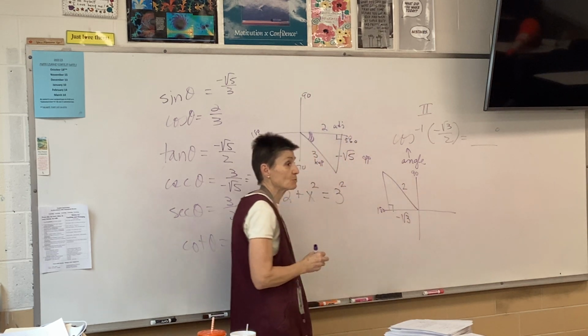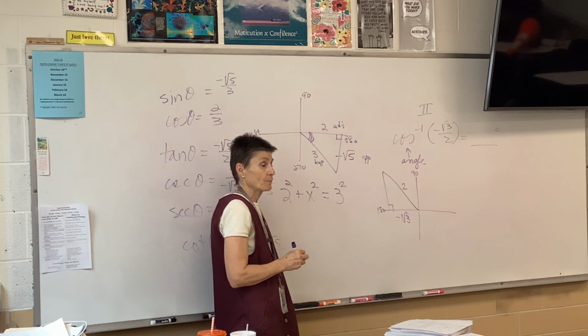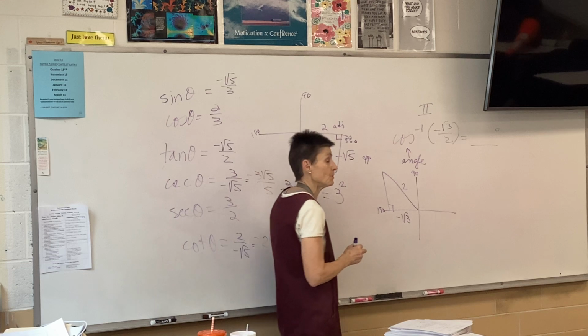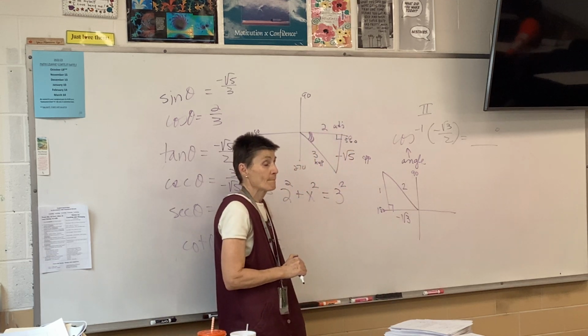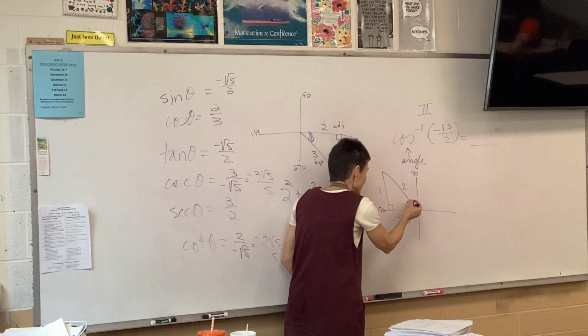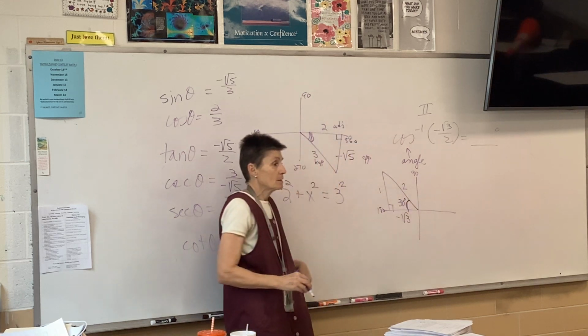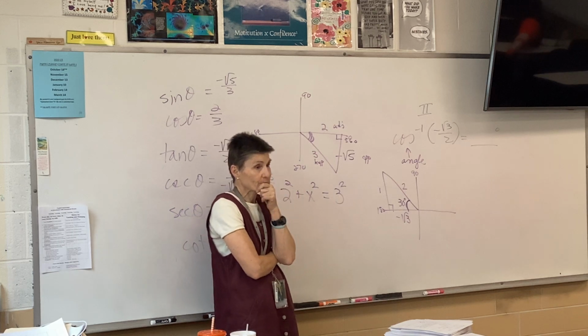Adjacent is root 3, hypotenuse is 2. If you cared, you would know this side over here is 1. But what you really want to know is this angle, so that might help you. How big is this angle? 30 degrees. 100% fact, that is a 30-degree angle.